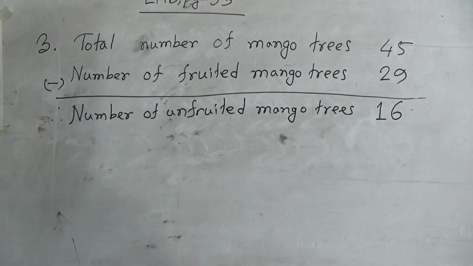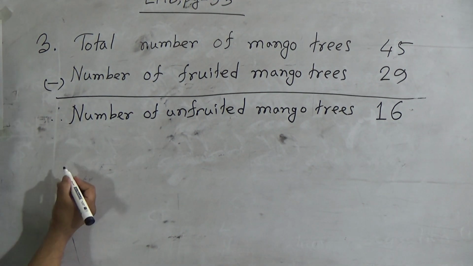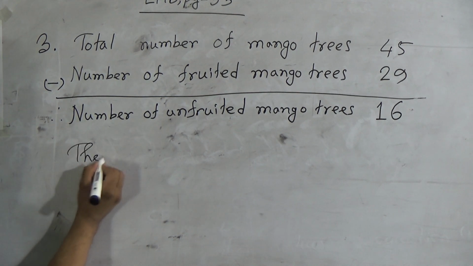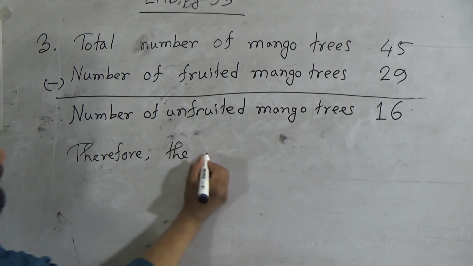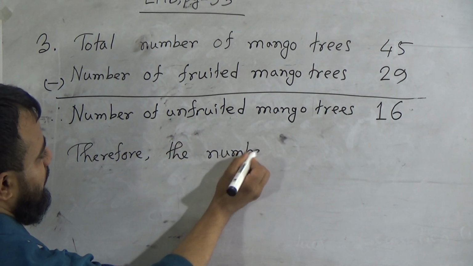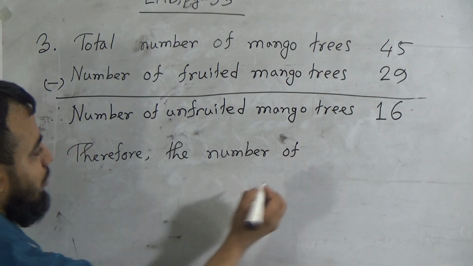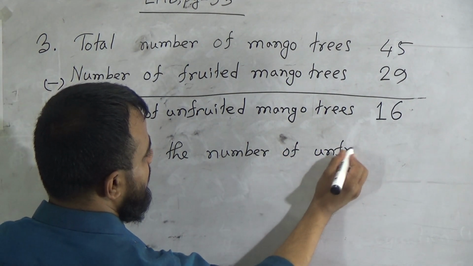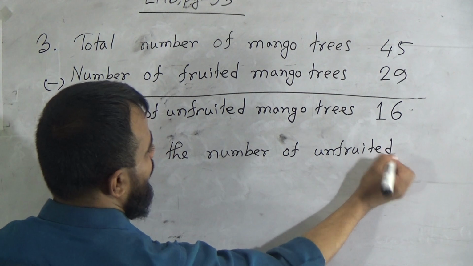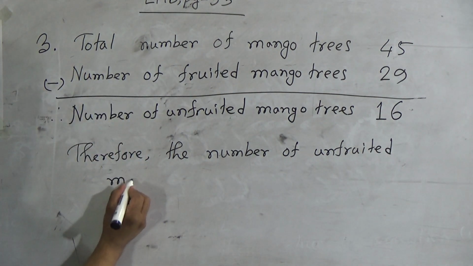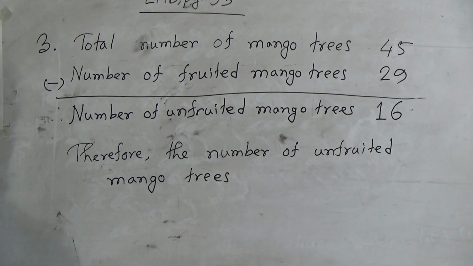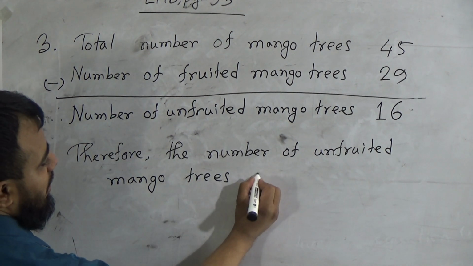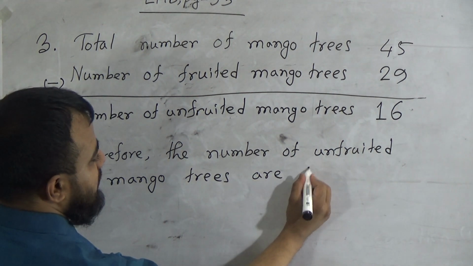Is 16. So this is a word problem. We need to write down some words here by arranging the language. Therefore, the number of unfruited mango trees are 16.